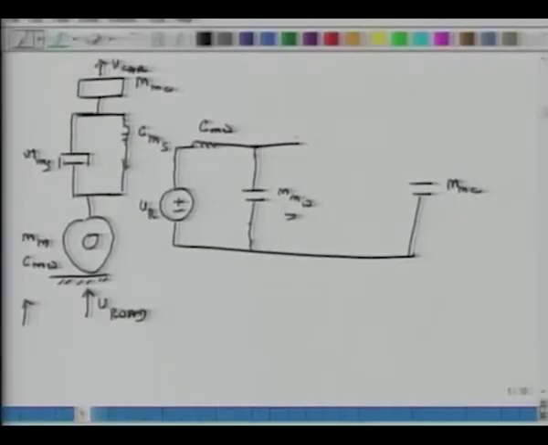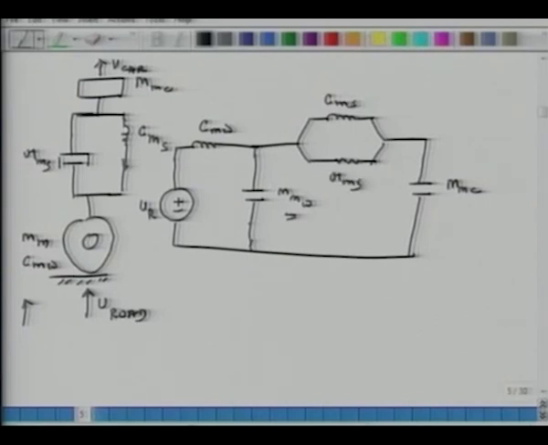So from here I have two mechanical elements in parallel, CMS, and then these are connected to ground. So this value is CMS and this value is RMS.